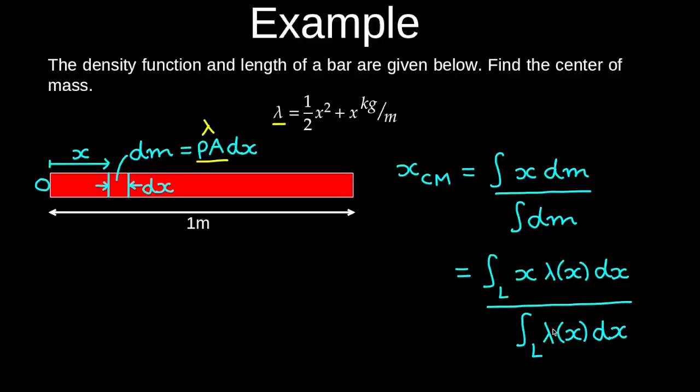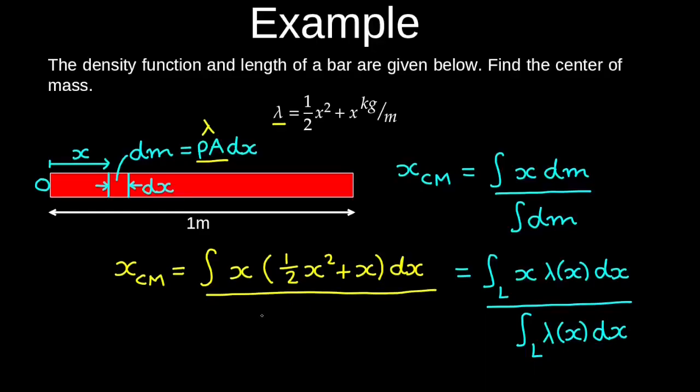And now we can substitute for our linear density function, and integrate from 0 to the length of the bar. And now you can evaluate these integrals and post your answer in the comments.